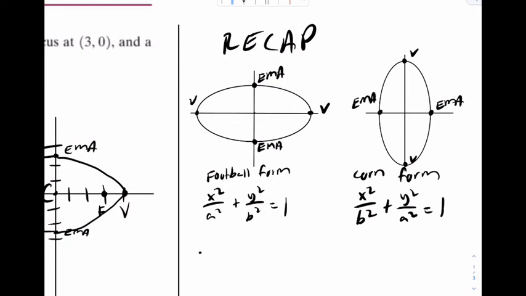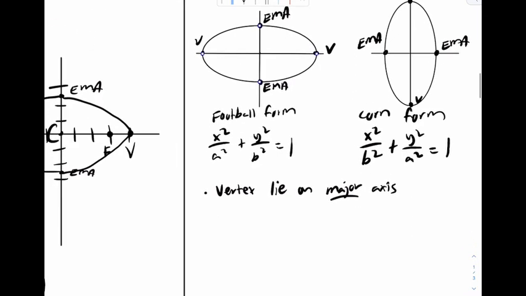And I'm going to put a couple notes down. So the vertex lie on the major axis. Your EMA lie on the minor axis.